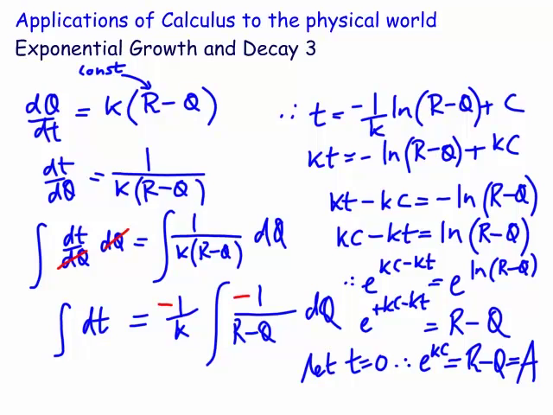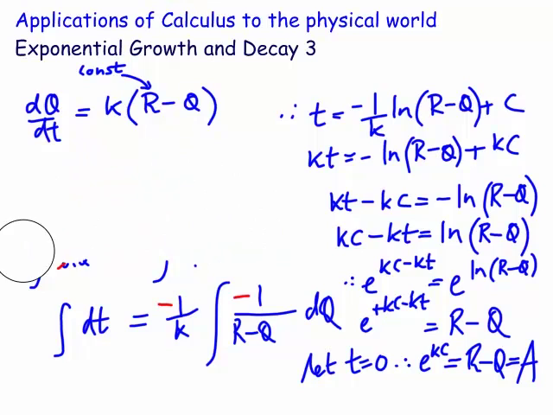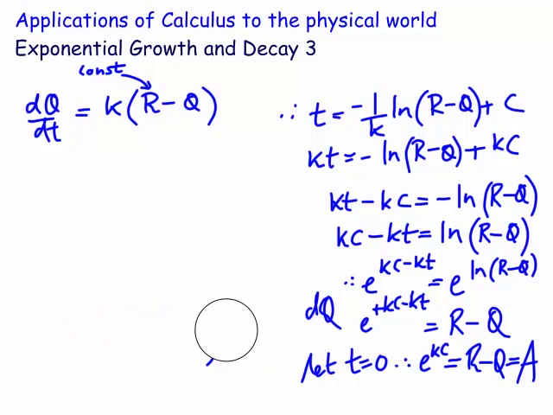Let's go back and work out what this gives us. We have e to the kc, which we are letting equal a, times e to the minus kt, is equal to r minus q.